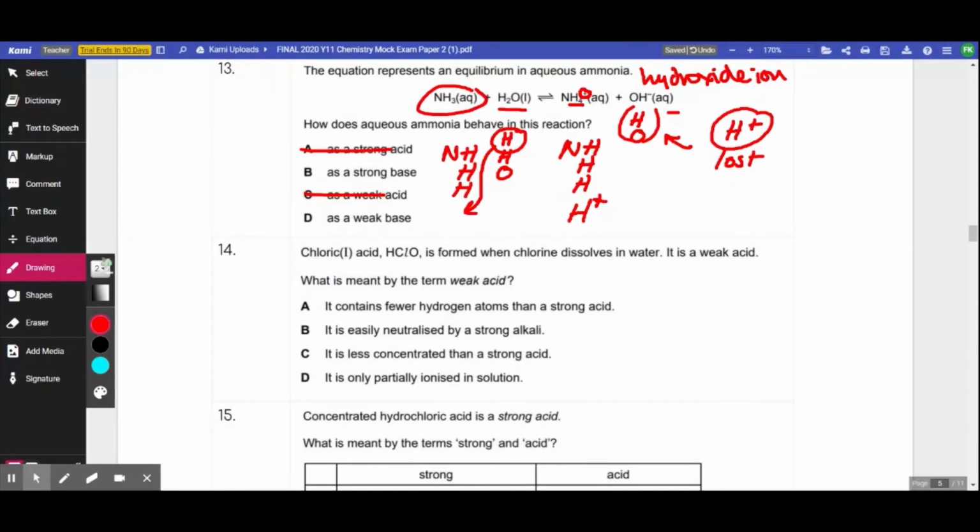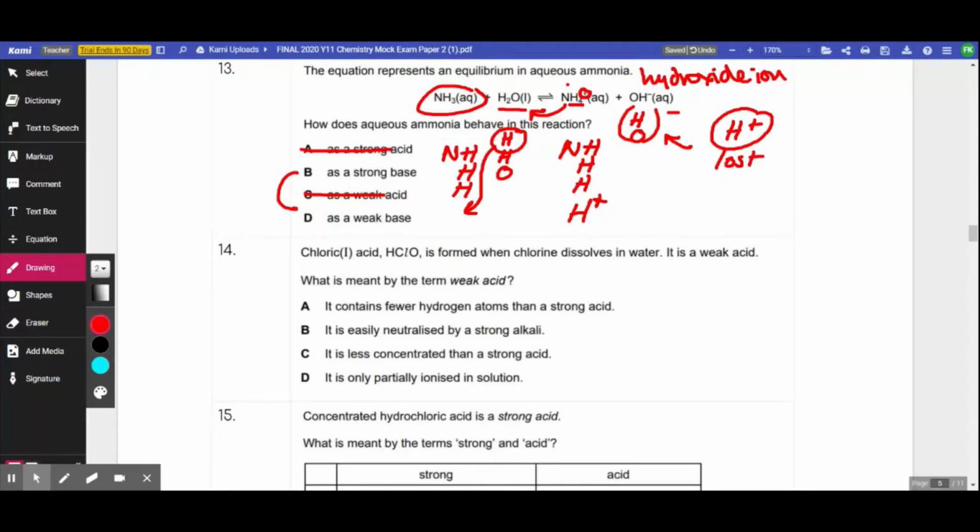Now, that takes you as far as 2 choices. You've got to figure out whether it's a strong base or a weak base. A strong base is very good at accepting protons, in the same way that strong acids are very good at dissociating and donating protons. We don't have that situation here, because the ammonia would like to go backwards in this reaction.